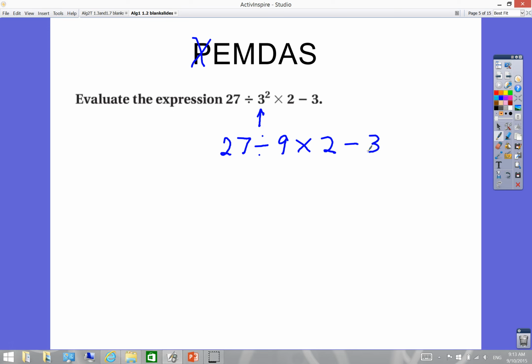Okay, then multiplication and division considered together from left to right, the first thing we come across is this division. So we need to do that. 27 divided by 9 is 3. And now we can do the multiplication, which is 3.